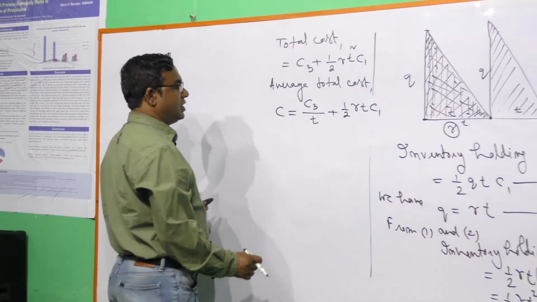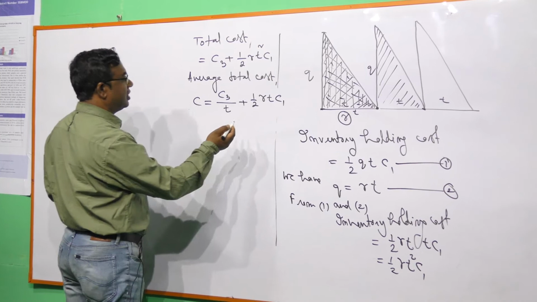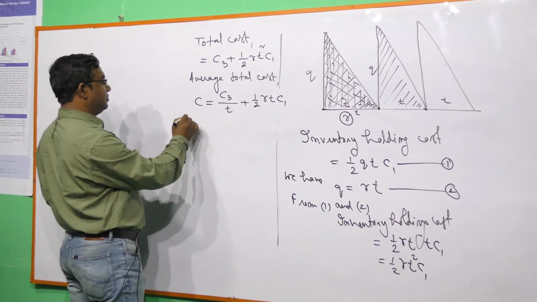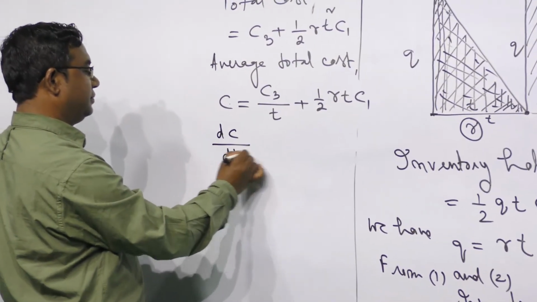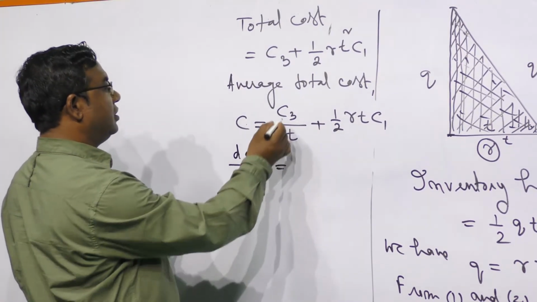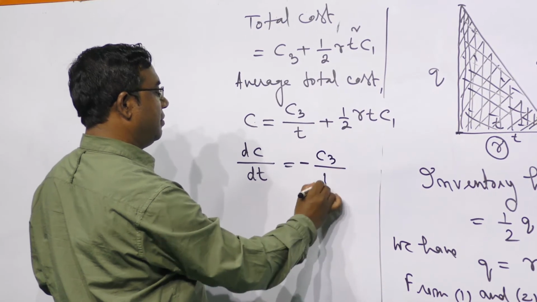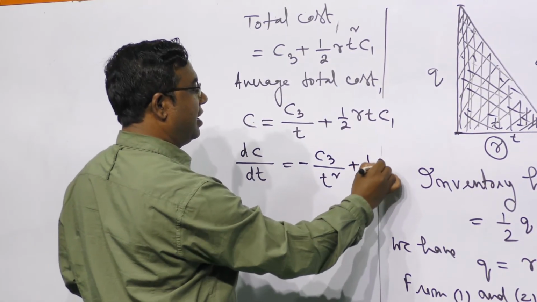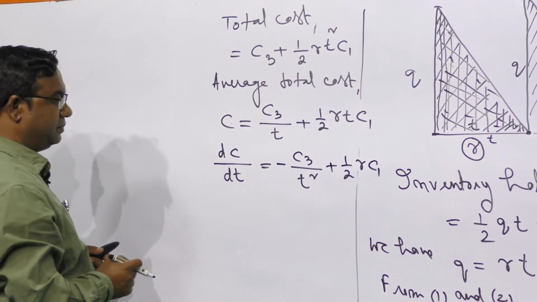To check maximization or minimization of a function, in maxima and minima theory we first find the derivative of C with respect to T. So the derivative of this is minus C3 by T square, then the derivative of this is half R C1. This is the first derivative.